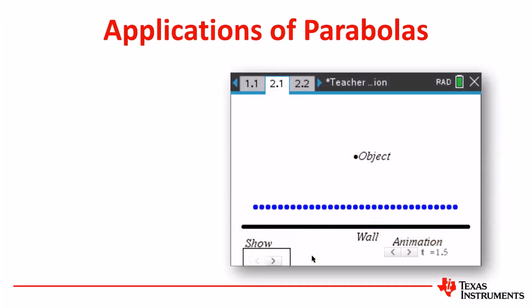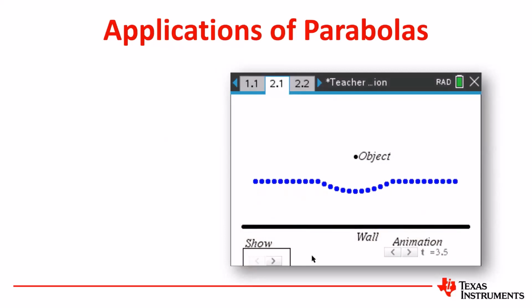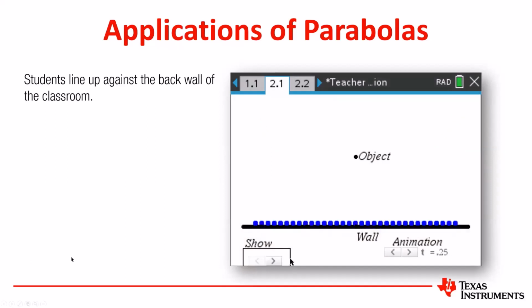So what I want to demonstrate here, and this is also included in the files that come with it, is you can get the students to model this situation. So either on the calculator, like you're seeing here, or get the students to stand against the back wall of the classroom. You're going to need to move some furniture, but it's good to get kids up and physically active.